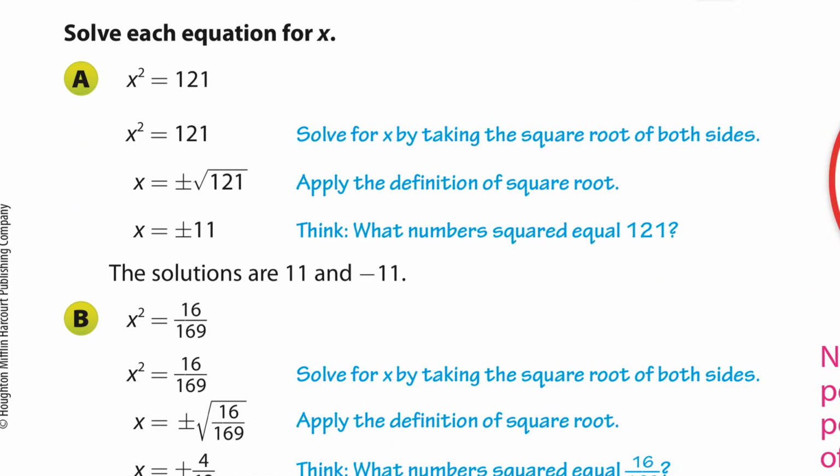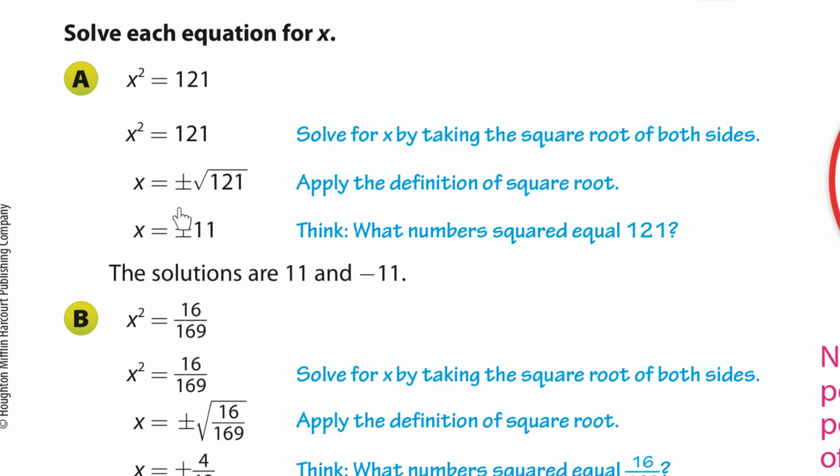So we have these equations here, and this is saying, what is the value of x? What number squared is 121? Well, that's 11. So it could be 11 or negative 11, because 11 times 11 is 121, and negative 11 times negative 11 is also 121.